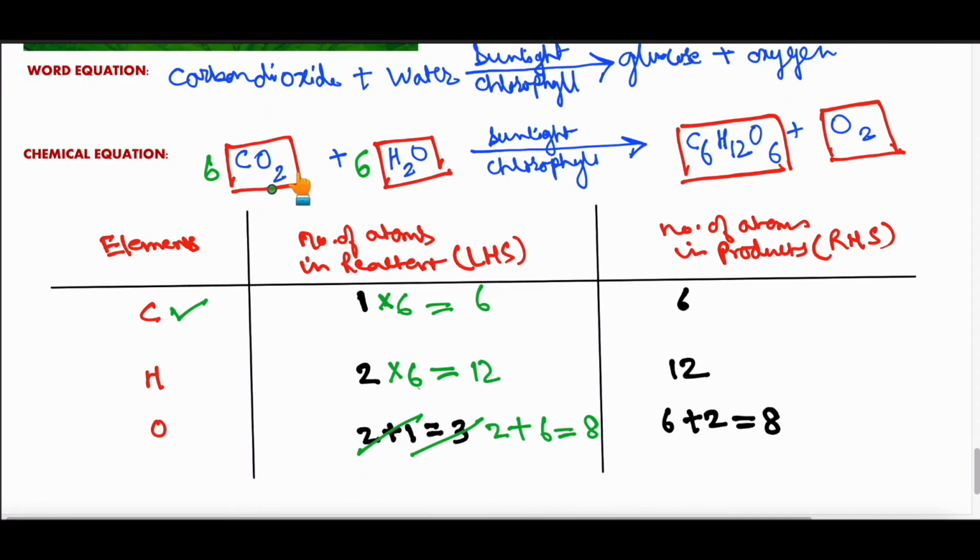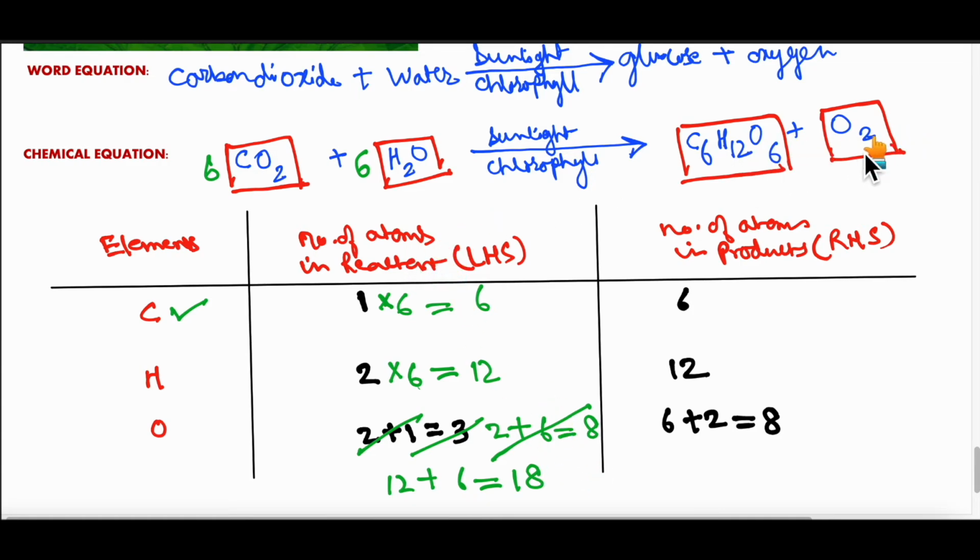Now let us check another element. Now the number of oxygen atoms is not 8 on the reactant side, it has changed. 2 times 6, that is 12 oxygen atoms, plus 1 times 6, that is 6 oxygen atoms. So now in total we have 18 oxygen atoms on the reactant side.